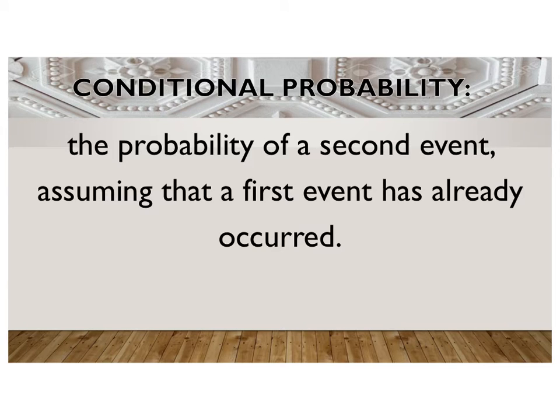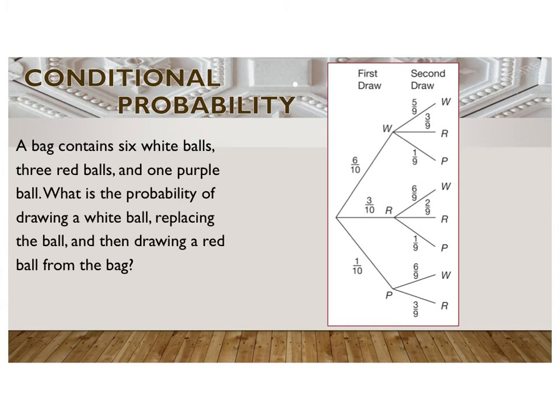Okay, so when I'm drawing the marbles, what's the probability of drawing a white and then a red? Well, what's the probability of a red given that a white occurred? So what's the probability of drawing a red given that I've already drawn a white? That's what this is talking about. Okay, so for conditional probability, you're always going to have the word given.